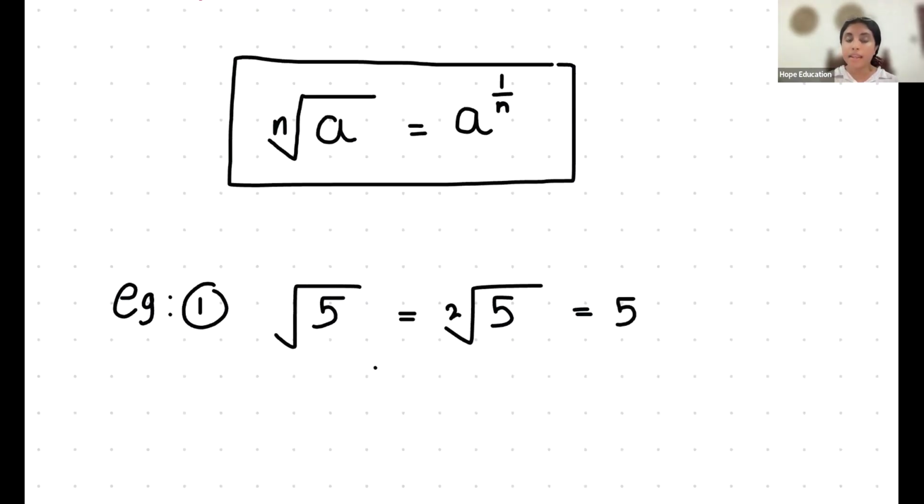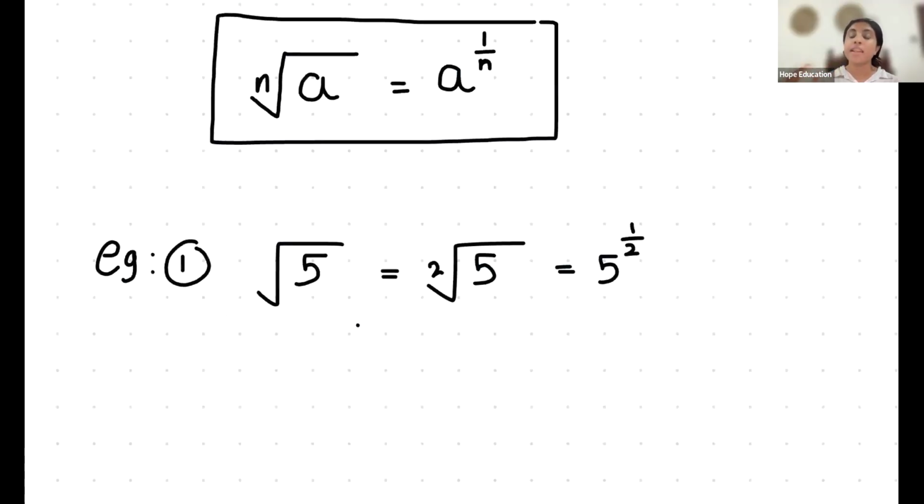This number n here, I can write it as a power, but that becomes 1 over n. Here the number is 2, so I can write it as 1 over 2. Just like how n becomes 1 over n, 2 becomes 1 over 2.